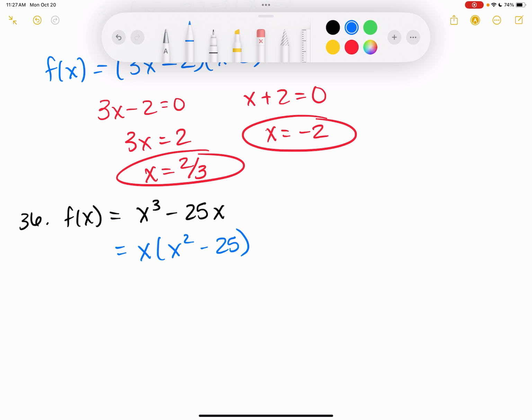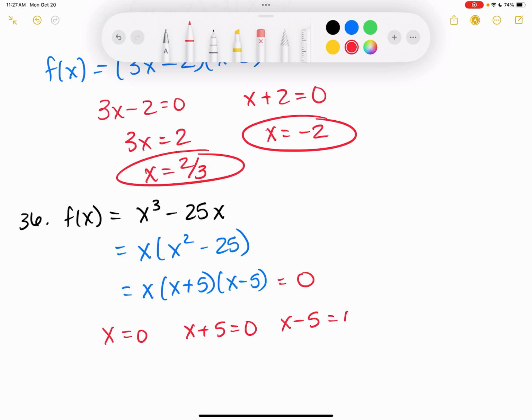So I have x times x plus 5 times x minus 5. And then now set them each equal to 0. So x equals 0, x plus 5 equals 0, x minus 5 equals 0. So obviously x equals 0 is already good to go. And then x equals -5 or x equals +5.